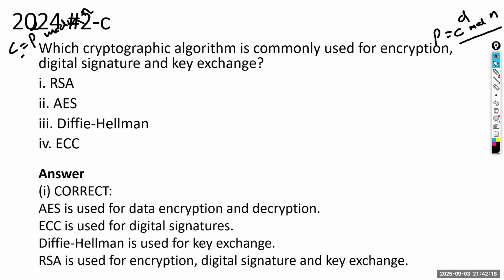Diffie-Hellman is for key exchange. RSA used for encryption. Actually, I don't know why they have not taken ECC, because ECC also can be used for encryption and digital signing. So the examiner has taken only RSA, but in reality, it can be RSA or ECC. This can't be used, this can't be used. These are for two different purposes. But the examiner has taken only RSA, I don't know.